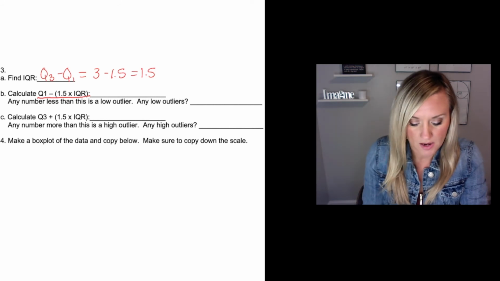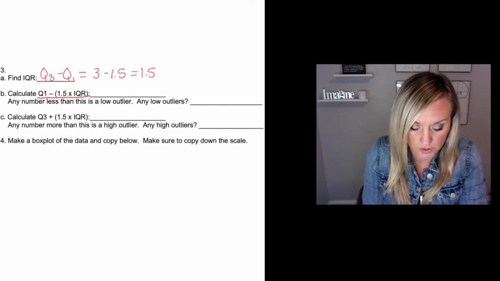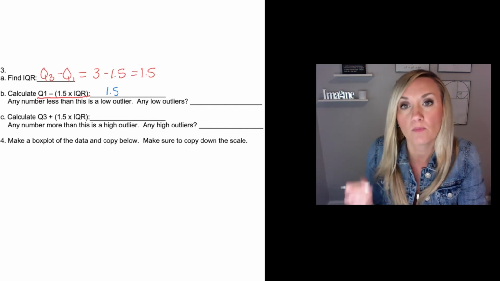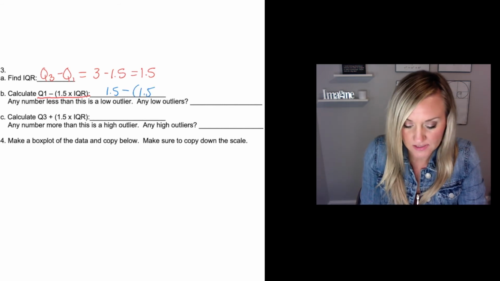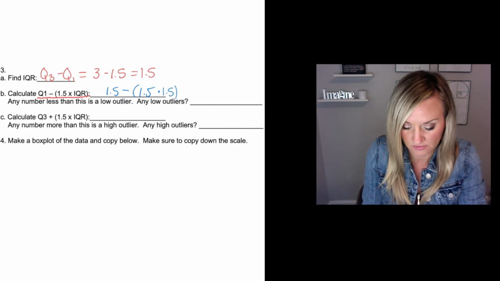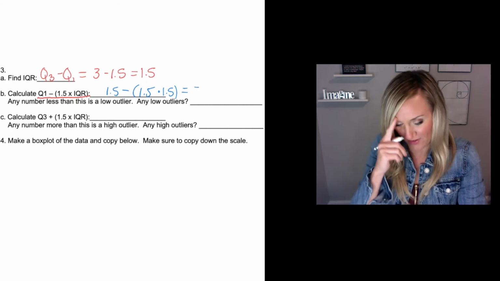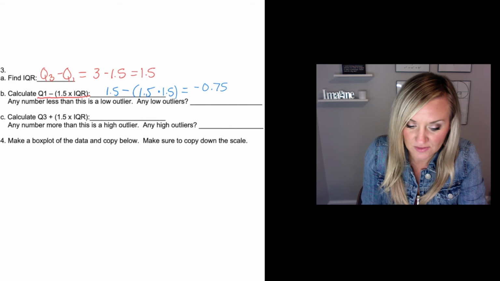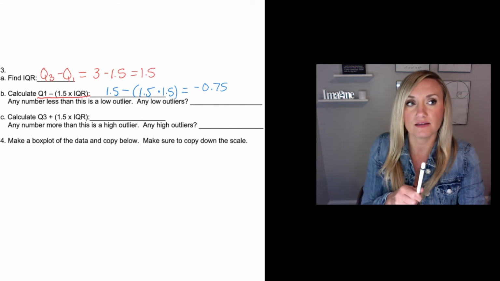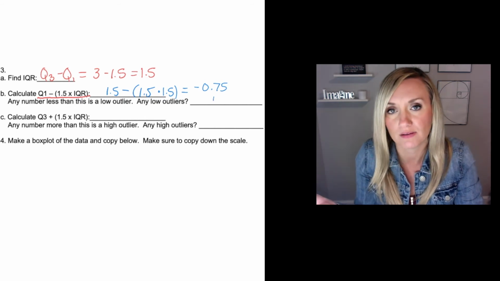Let's write down our Q1, which is 1.5, minus 1.5 times the IQR, which is also 1.5. I picked great numbers, didn't I? That gives us negative 0.75. So anything less than negative 3/4 of a concert would be an outlier, which could not happen in the context of this problem.